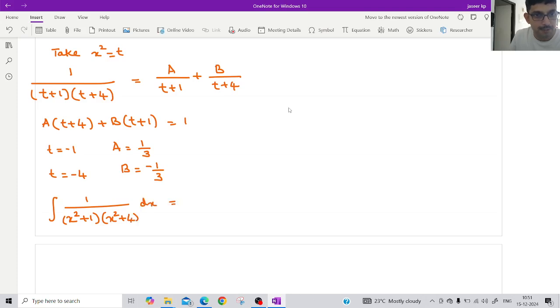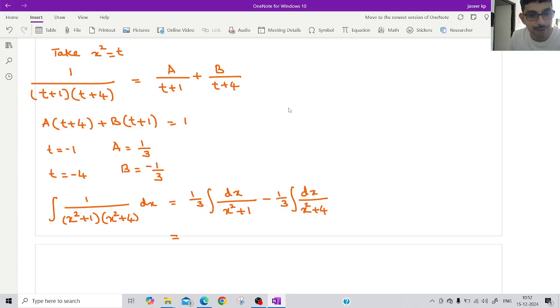So a, that is 1 by 3, dx by (x square plus 1). As I told in the beginning, this is for easier partial fraction we are doing that, taking x square as t, not for substitution in integration, only for doing partial fraction.